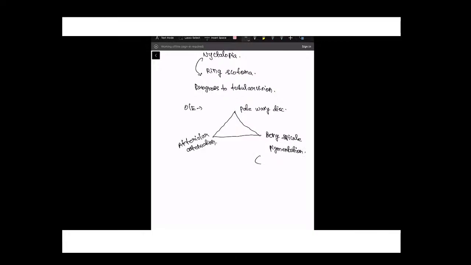This bony spicule pigmentation is characteristic of retinitis pigmentosa.